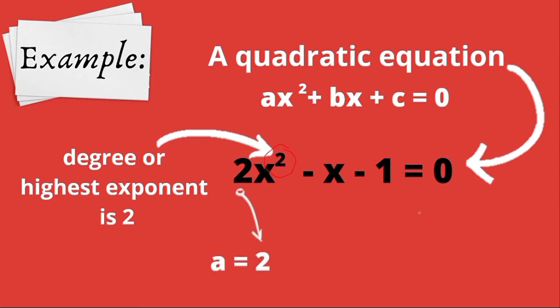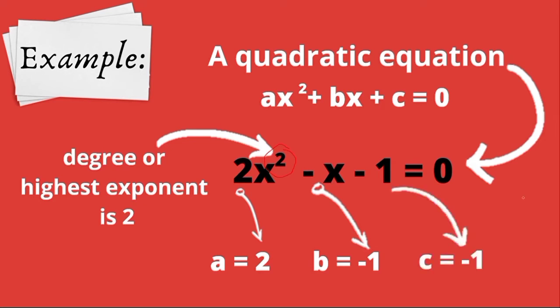And the value of a is 2, b is negative 1. If there is no number beside the variable or the letter, then it is understood that there is 1. And the value of c is negative 1. We can also say that this is a complete quadratic equation because it has 3 terms.